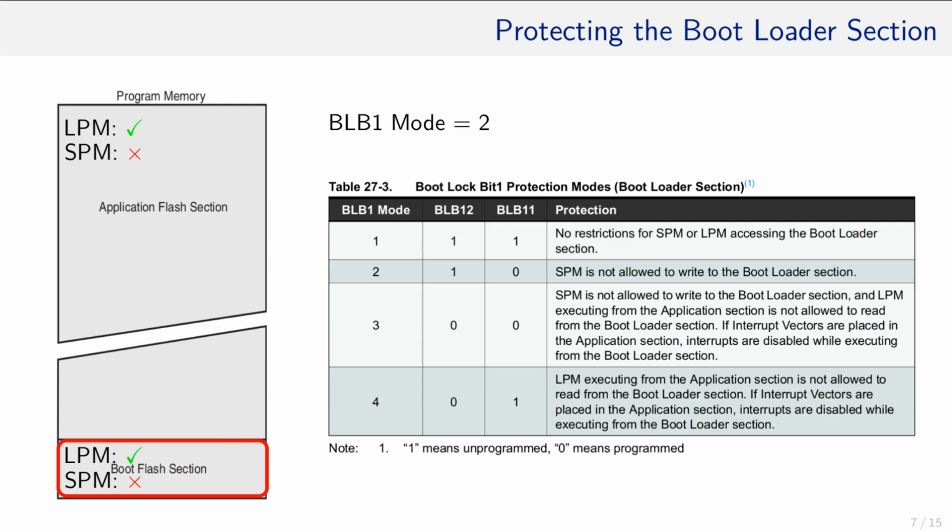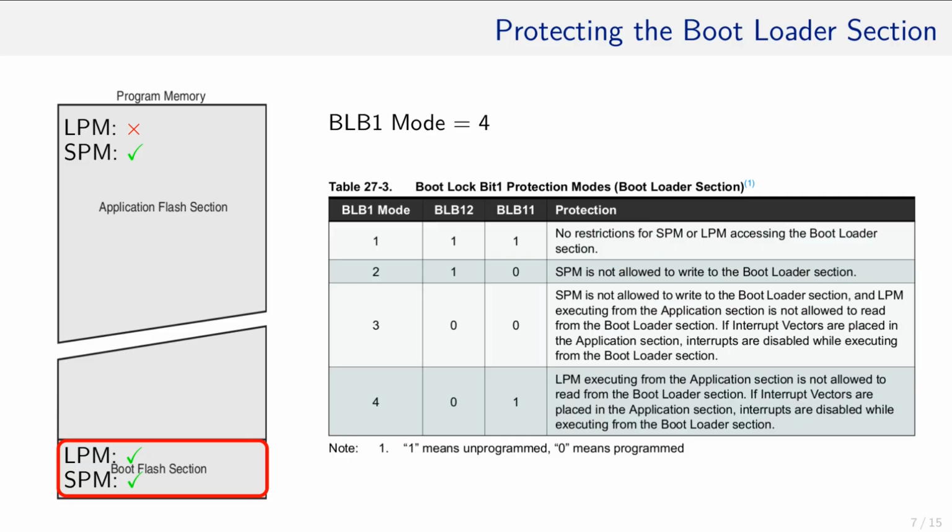Again, I can disable all modification access to the bootloader section if the BLB1 mode is set to 2. Hence, if BLB0 that we had earlier, and which targets addresses of SPM and LPM in the application section, is set to 2 as well, the entire flash becomes read-only. If BLB1 mode 3 is active, only the bootloader can verify itself, but again, it cannot alter anything.